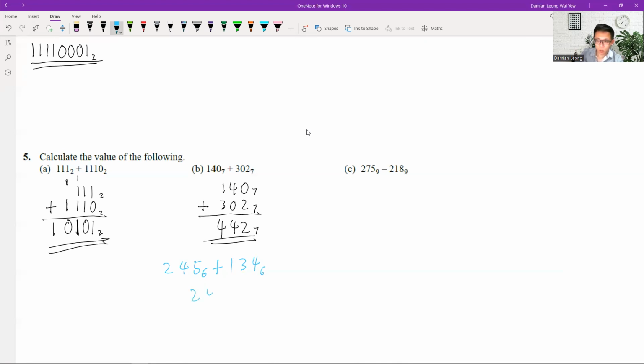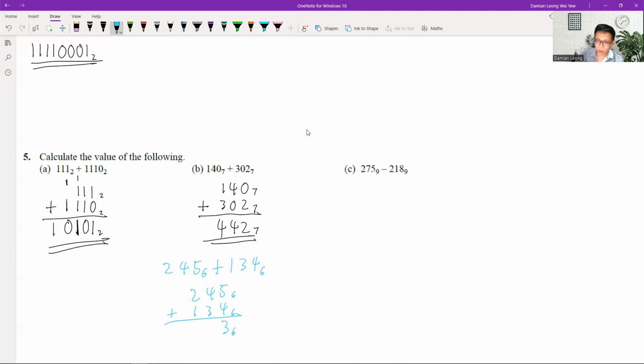So 2, 4, 5 plus 1, 3, 4, base 6. 5 plus 4 is 9. So out of 9, I only take the 6 to carry over. So I have an extra 3 that's left behind.